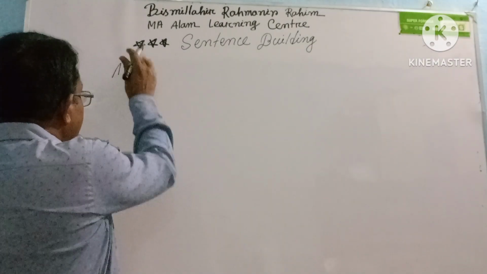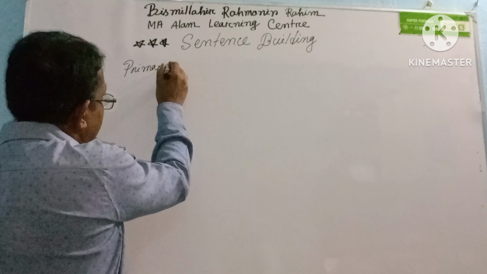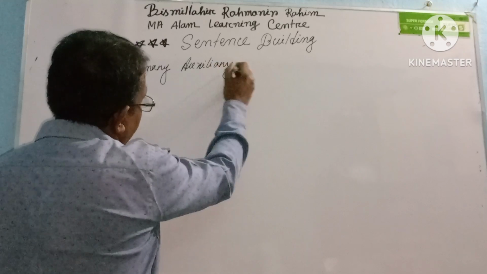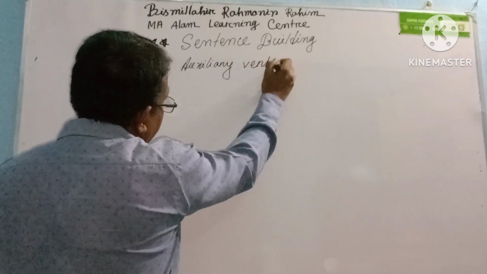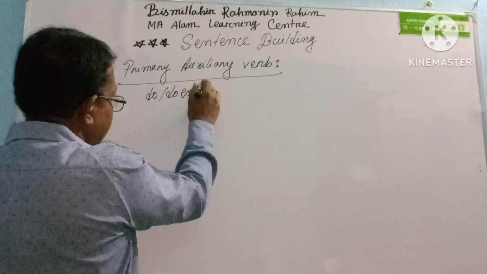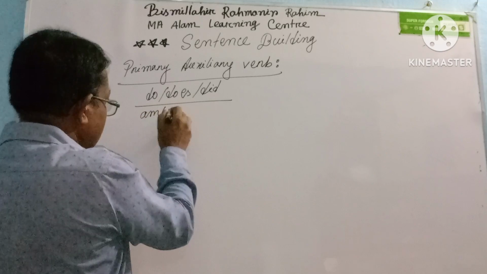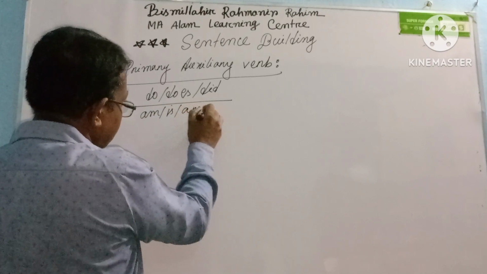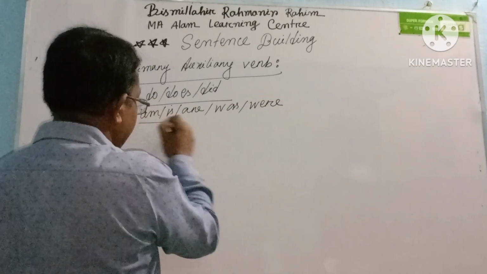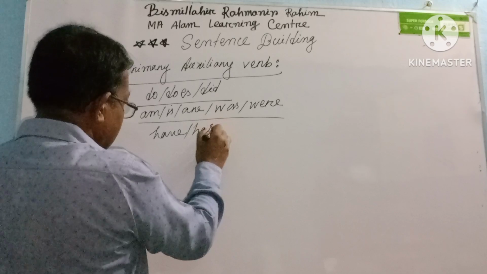Auxiliary verb, primary auxiliary verb: do, does, did, am, is, are, was, were, have, has, and had.